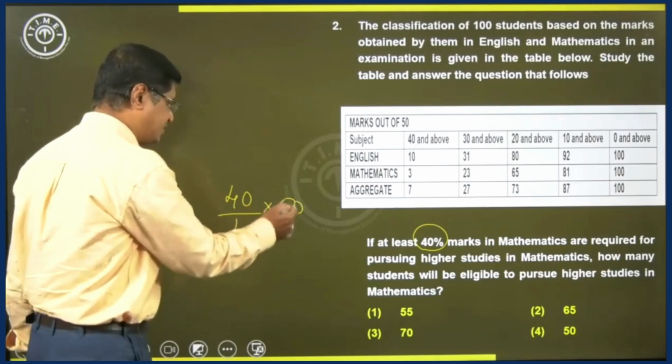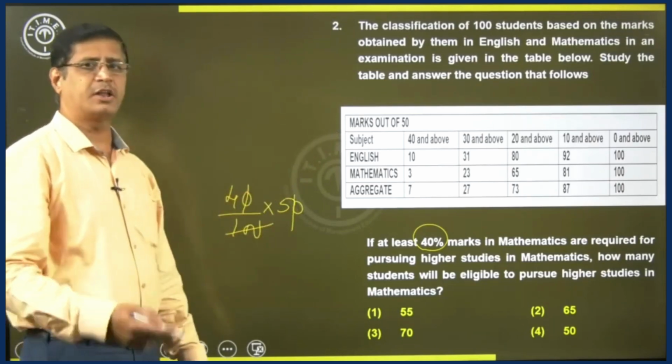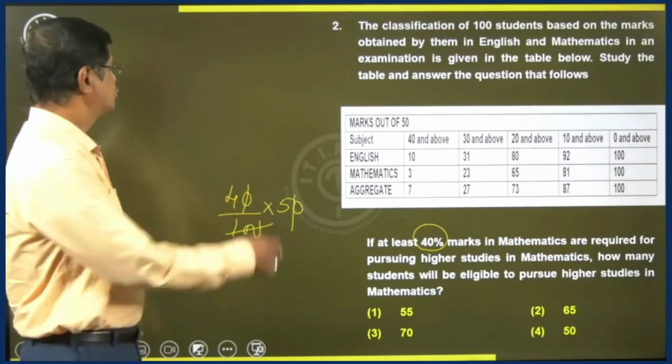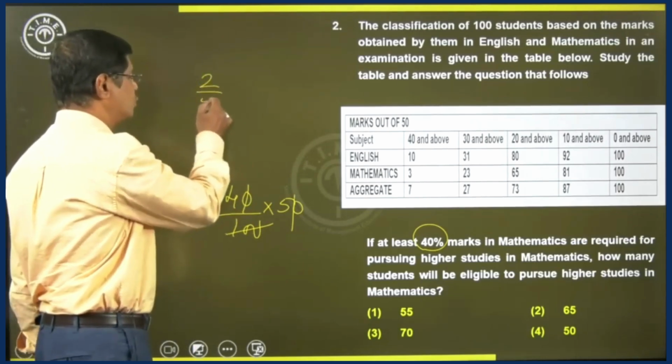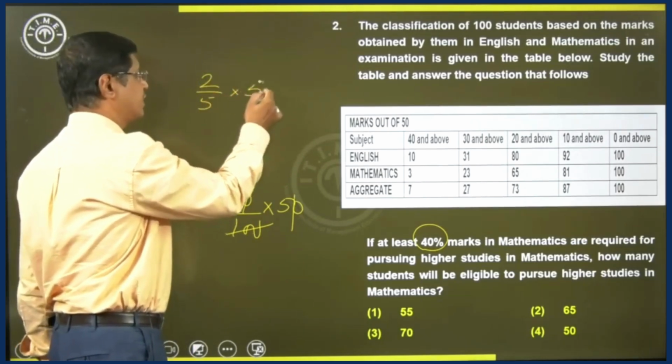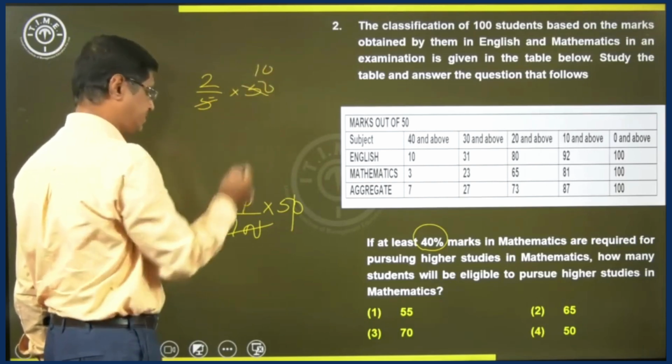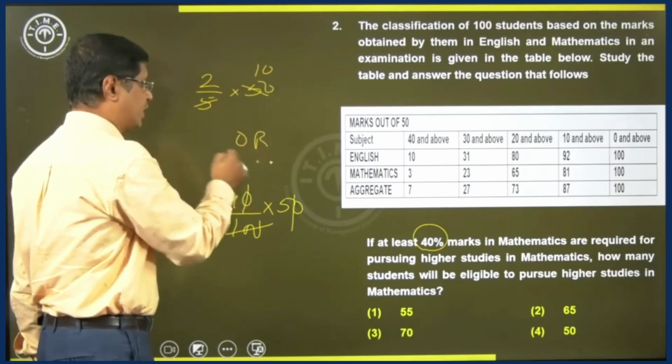So what is the total marks here? Total marks are 50. 40% means 2/5 of the value. So 2/5 of 50, how much is it? 20.